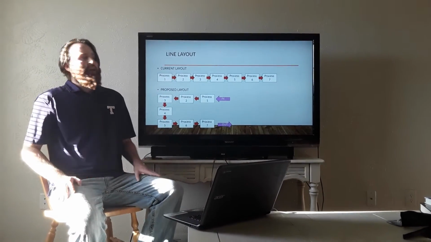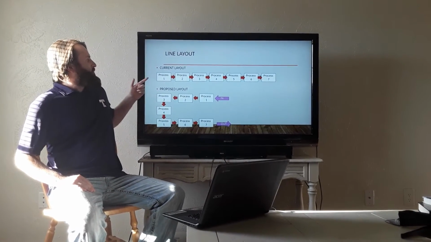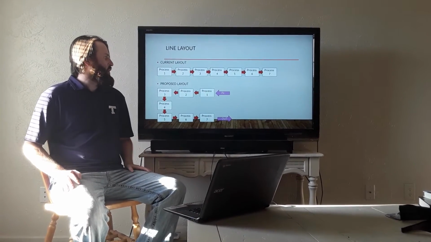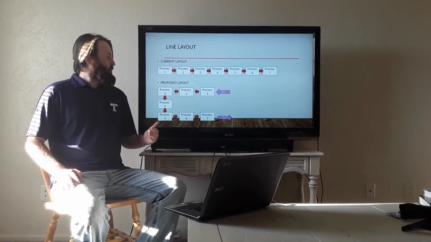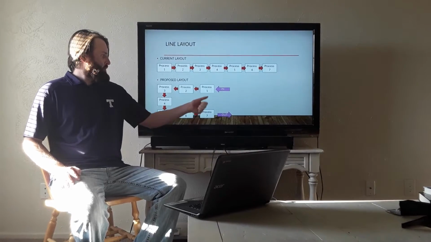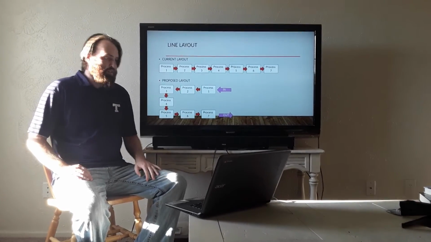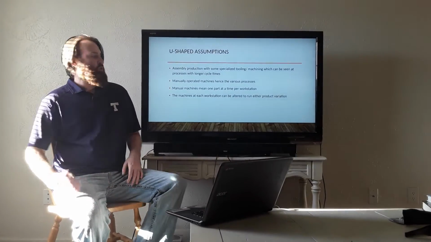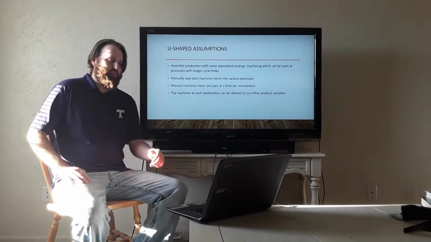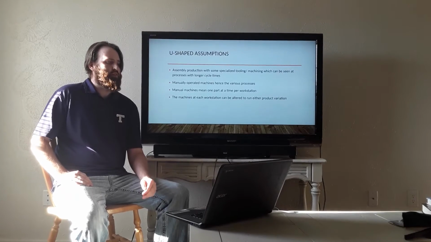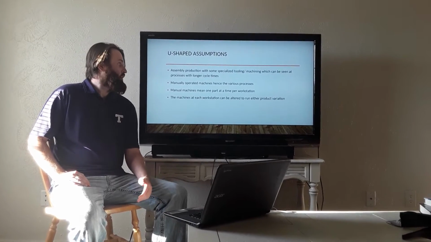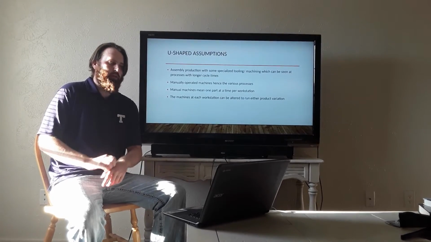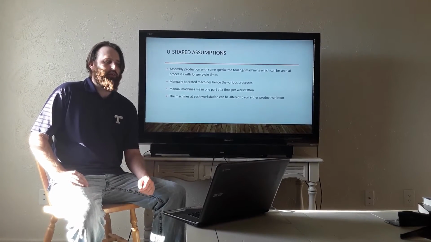So for the line layout, as you can see up top, the current layout is a straight line with the 7 processes. Our proposed layout is the U-shaped with the 7 processes. So for our U-shaped assumptions, we have assembly production with some specialized tooling, machining, which could be seen at processes with longer cycle times.